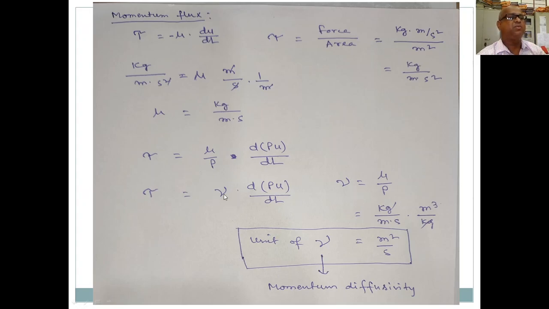And what is the unit? If you see, mu by rho: mu is kg per meter second, rho is kg per meter cube. So the meter cube goes up, kg cancels, and the unit of nu is meter squared per second. Momentum diffusivity unit is meter squared per second.